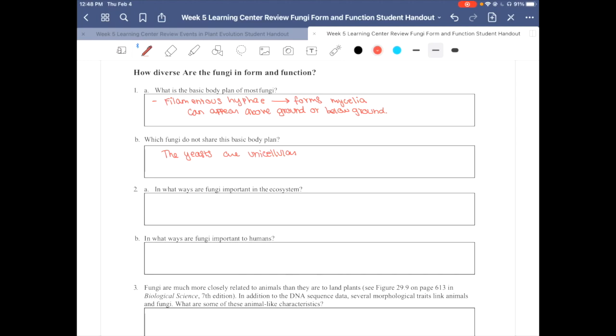Okay, so what ways are fungi important to the ecosystem? Feel free to throw out some ideas about why you think fungi are important to us. Oh, thank you for putting the Google Doc again.